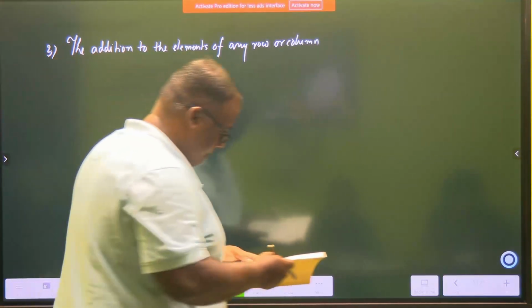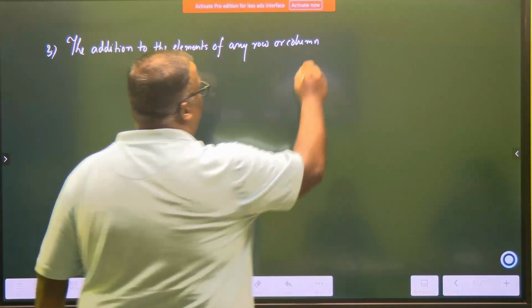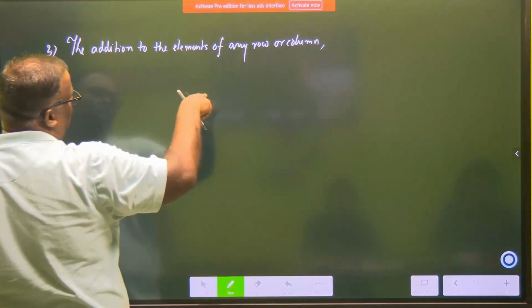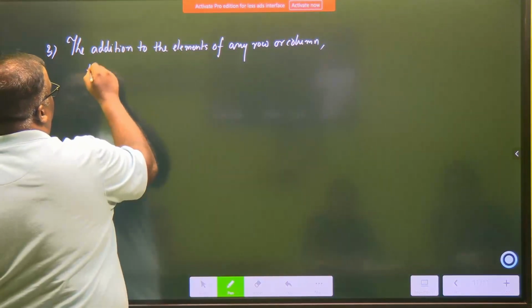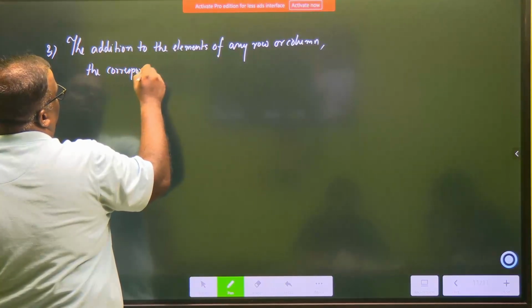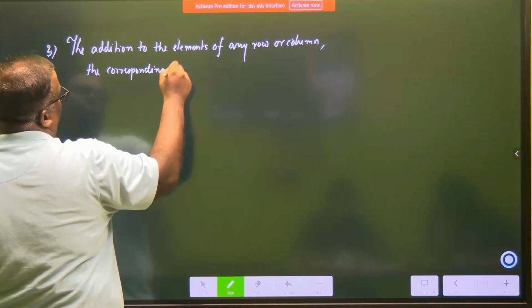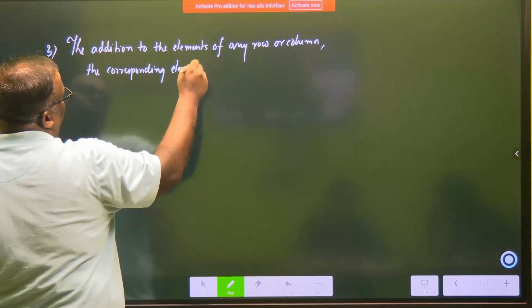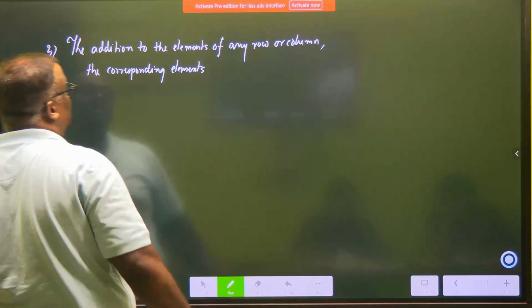But the addition will be very corresponding. This will be the most useful one when you do inverses. You have to get zeros, as many zeros as possible.